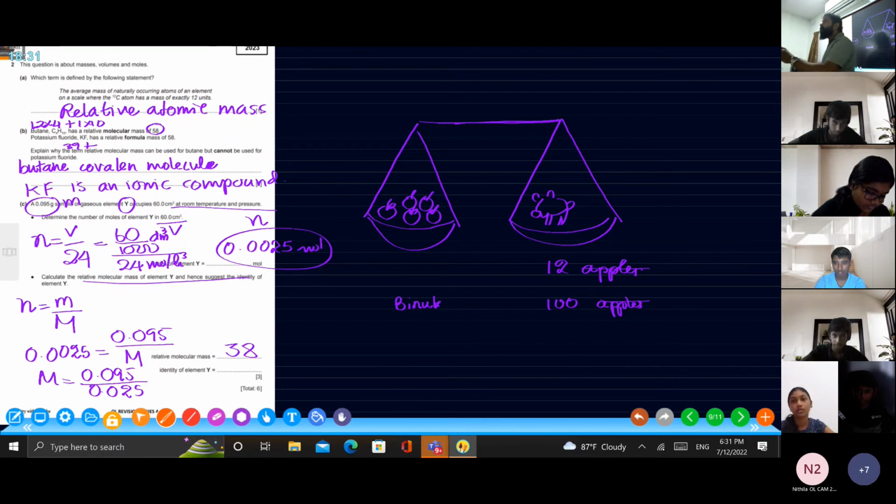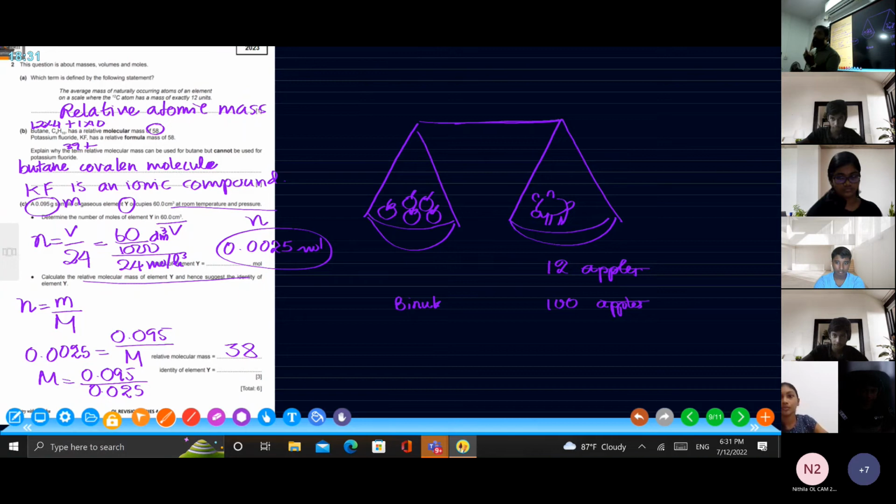This should be a molecule, and in that molecule, it's an element. So what are the gases normally we have? Hydrogen, nitrogen, oxygen, fluorine, chlorine, diatomic gases, right? So who's going to get 38 in the molar mass? It's fluorine, because 19 times 2 is 38.